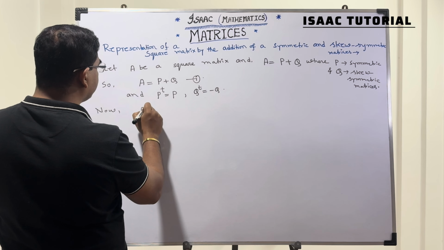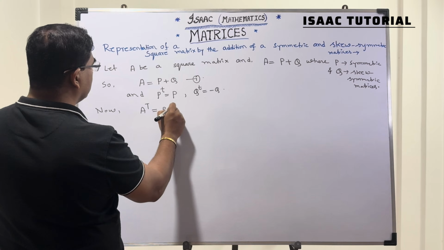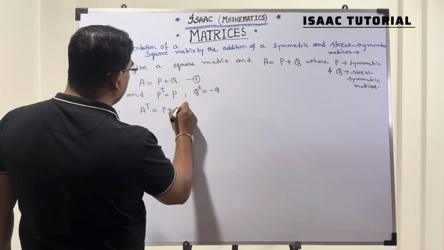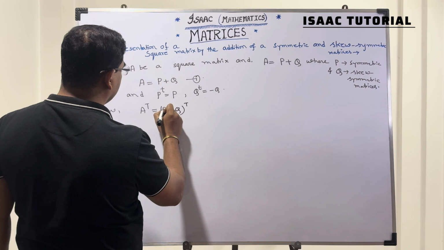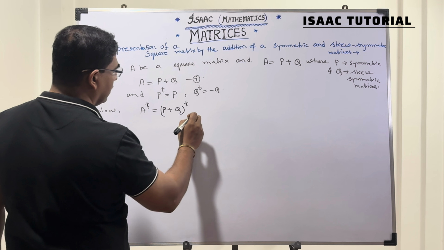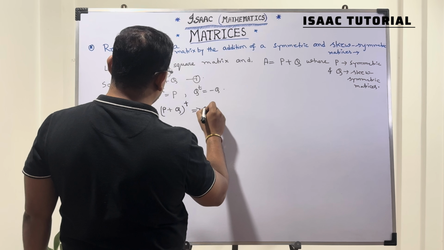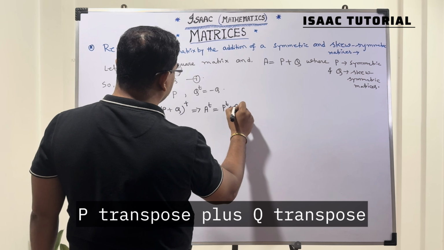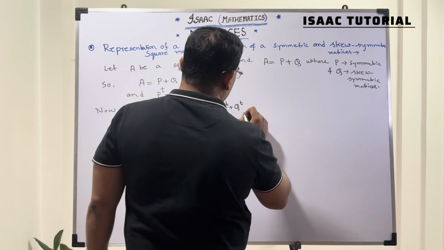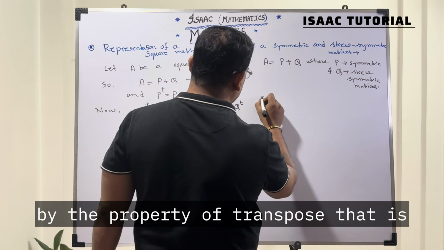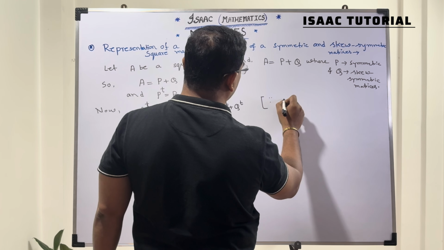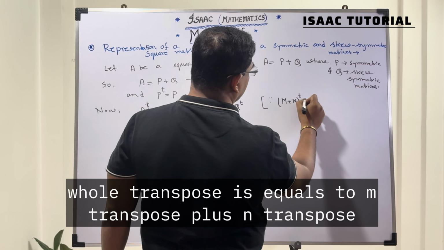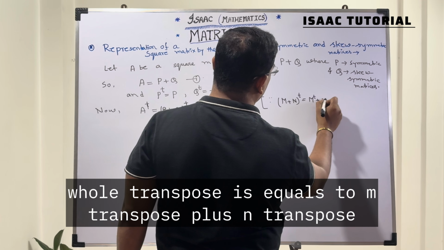Now A transpose is equal to (P plus Q) whole transpose, which implies A transpose is equal to P transpose plus Q transpose, by the property of transpose, that is, (M plus N) whole transpose is equal to M transpose plus N transpose.